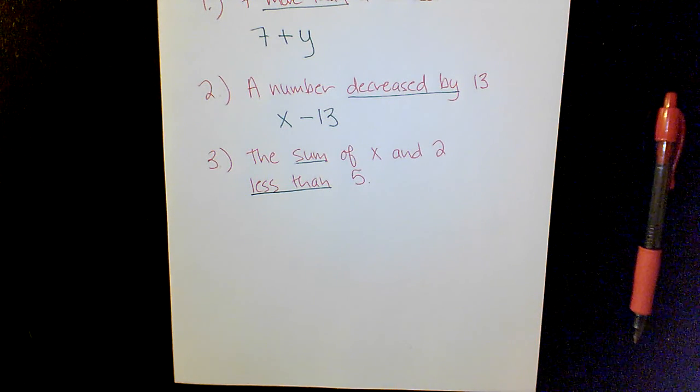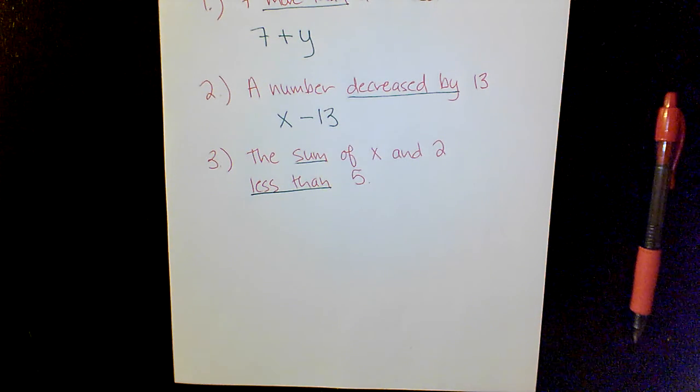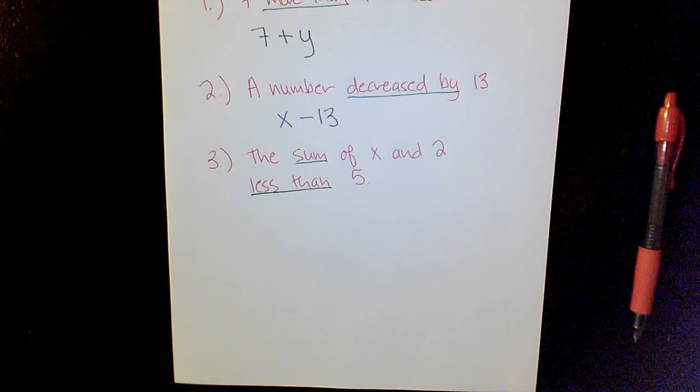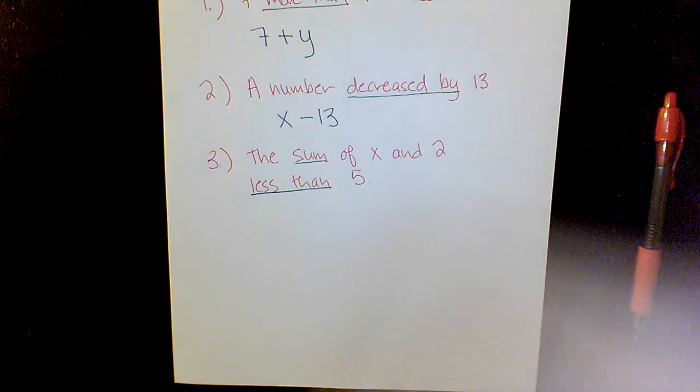So the sum of X and 2 less than 5. Now less than, as we saw before, means the same as subtracted from. So we know that the 5 is going to come first.